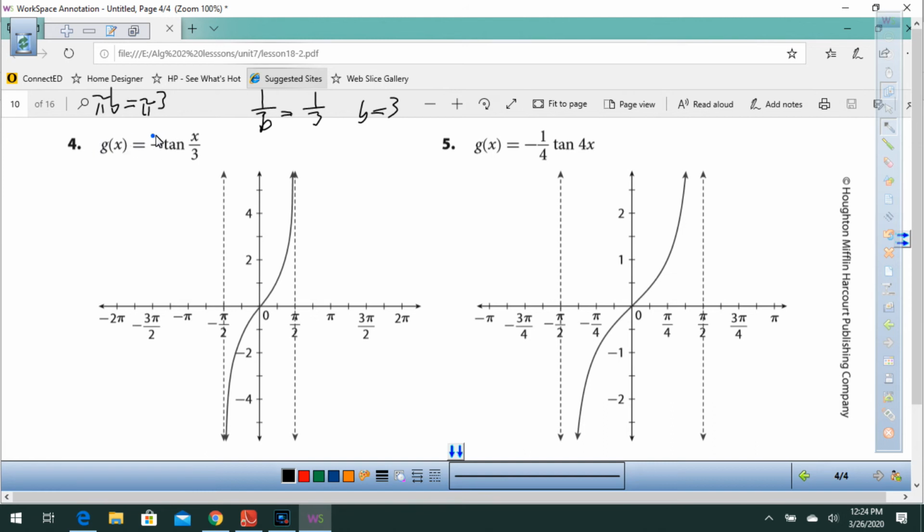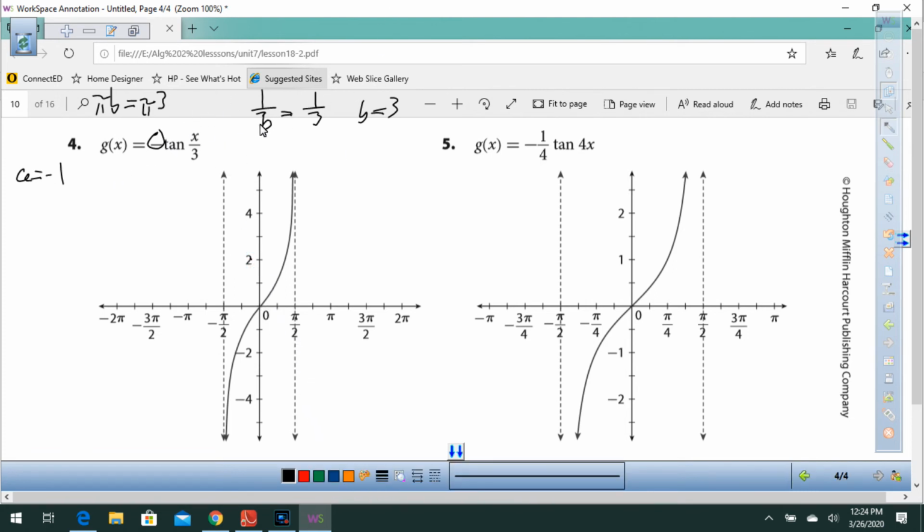Okay. Now this time a is -1. So that's going to reflect it over the x-axis, which means it's going to go down. It's going to look something like this right here. And then I'll show you that in just a minute.